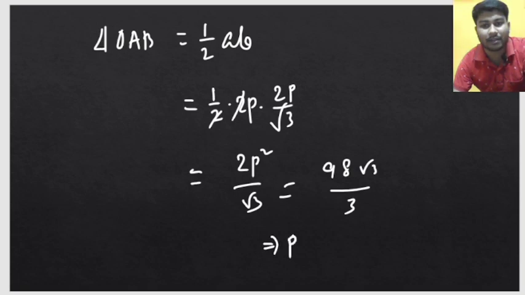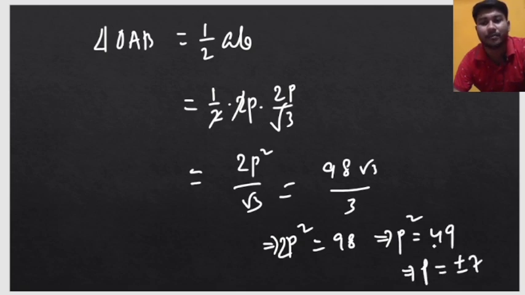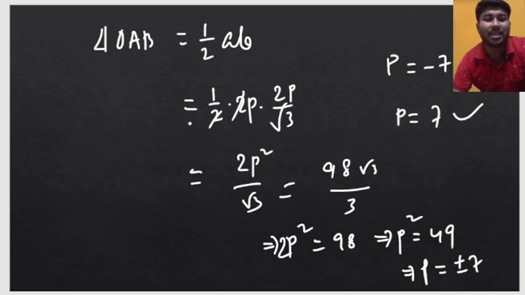If you calculate, 2p square will be 98, so p square will be 49. So p can be plus or minus 7. But p is the length of the perpendicular, so we cannot consider p equals minus 7. So p is obviously 7.